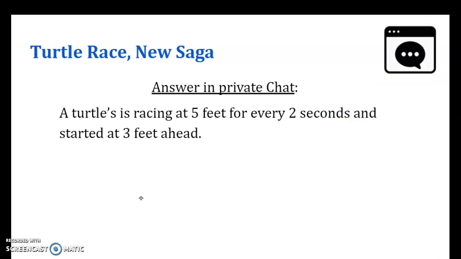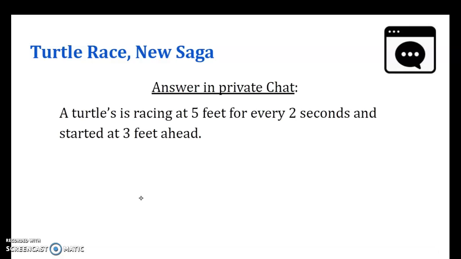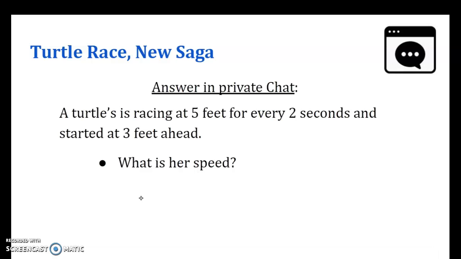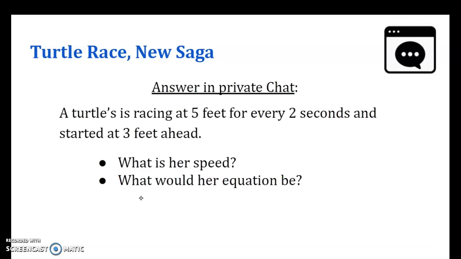Okay, how about this? Answer in private chat. A turtle is racing at 5 feet for every 2 seconds and started at 3 feet ahead. What is her speed? What do we know? We know 3 feet ahead. Is that the speed, or is that where it's starting?